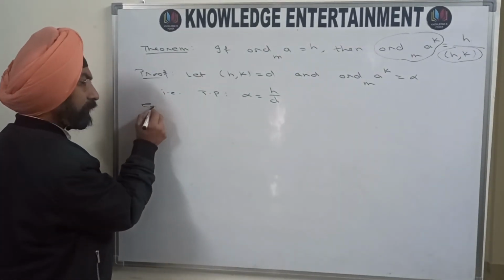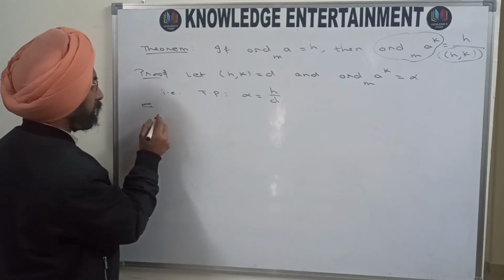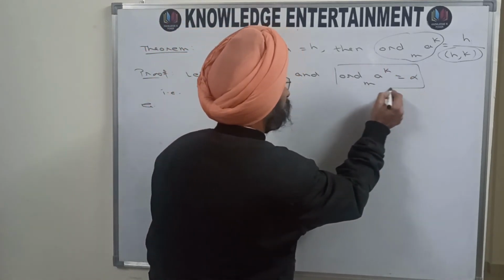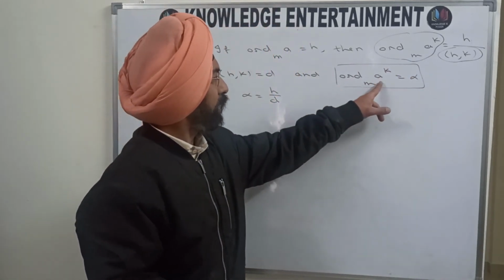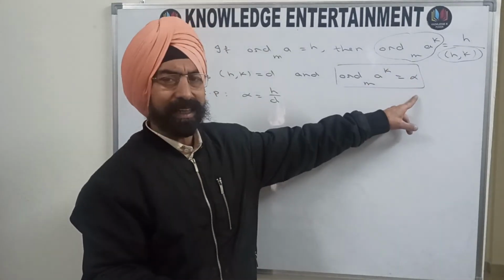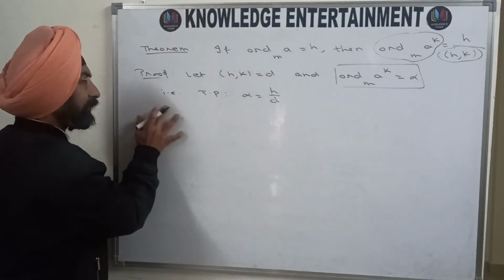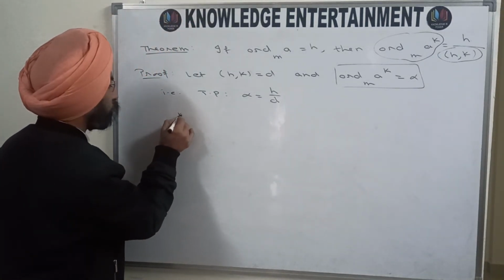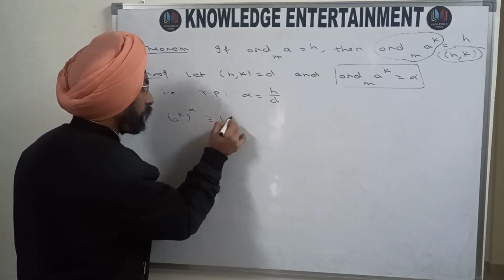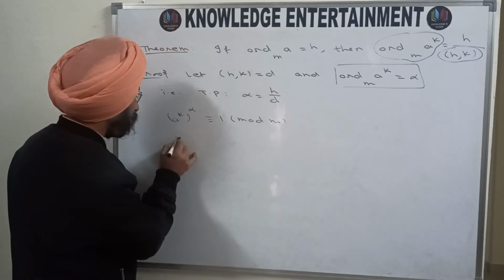Given from here we have taken order of A power k modulo m as alpha. That means alpha is the smallest positive integer such that A raised to the power k power alpha is congruent to 1 modulo m.